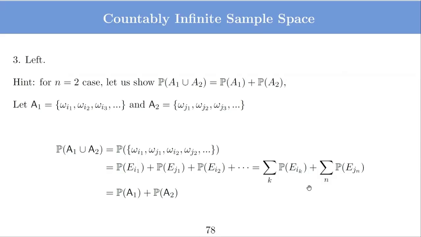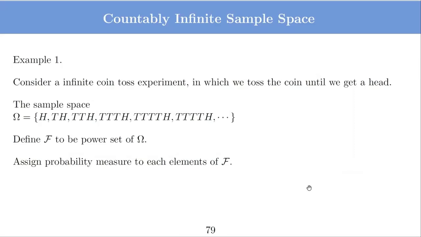So now let's come to one example. We consider an infinite coin toss experiment in which we toss the coin until we get a head. Earlier we were taking just 5 coin tosses, but here it is an infinite coin toss experiment. So the outcomes are H, TH, TTH, TTTH, and it doesn't end, right?